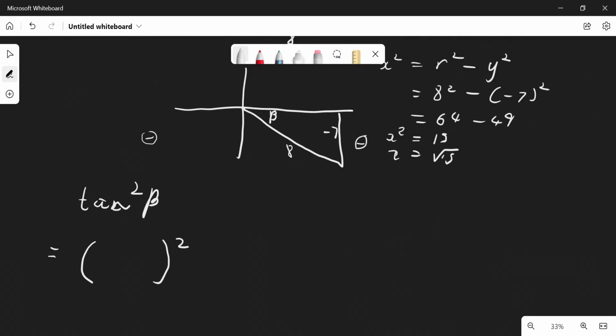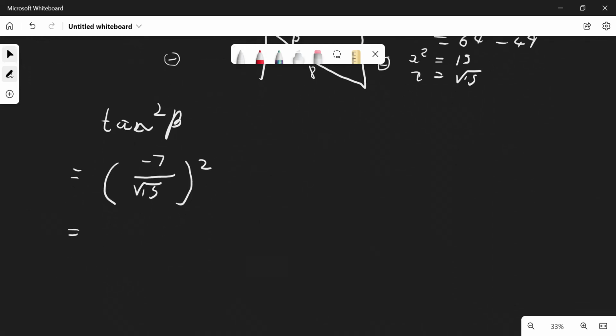We have beta here, we have the positive square root of 15 here, opposite negative 7 over the square root of 15, which gives us 49 over 15. I'm not sure if that can be simplified. Let me check my calculator. I doubt it though. Over 15 is, yeah, that's your final answer there.